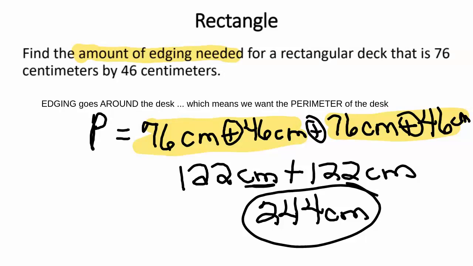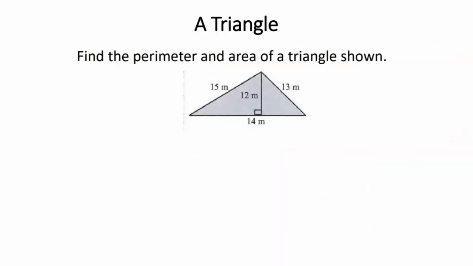Okay. Now, this one. Okay, this is a formula that you have to know. Okay, perimeter is distance around. Now, the area has a formula. Now, your book is not going to give it to you because they believe that you know it.